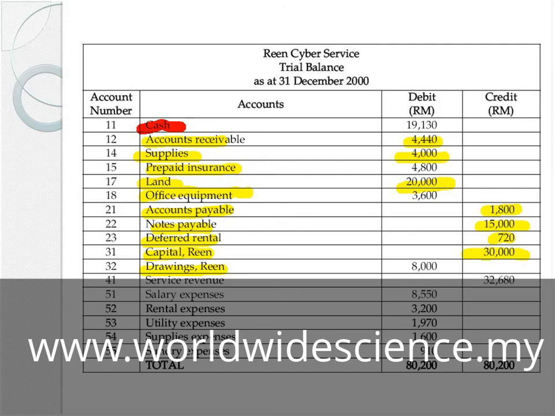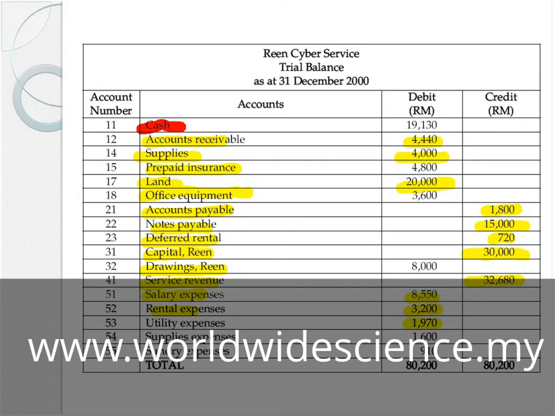So our assets always show on the debit side, and liabilities and capital we show on the credit side. And expenses like salary and rental, we show on the debit side. They have increased. We have paid for expenses.